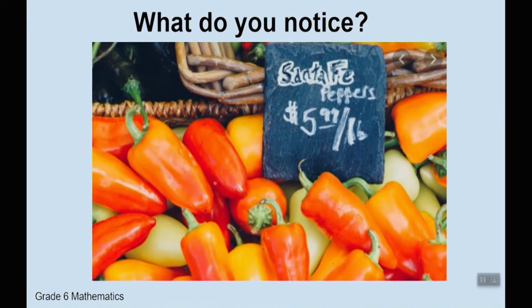Or you might notice the colors of the peppers in the basket. Right now, we're going to look at the price on the sign. The price of the peppers is actually a unit rate. The unit rate here is $5.99 per 1 pound of peppers, or $5.99 to 1.